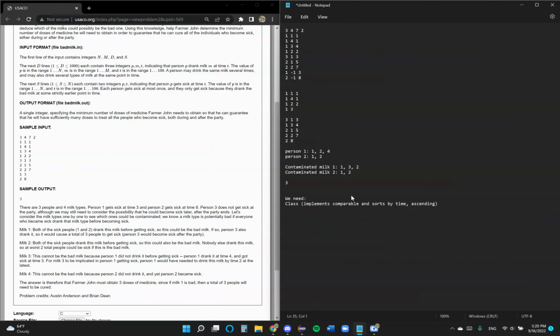And we're also going to need some kind of two-dimensional array that's going to include all of the data about who drank what kind of milk.